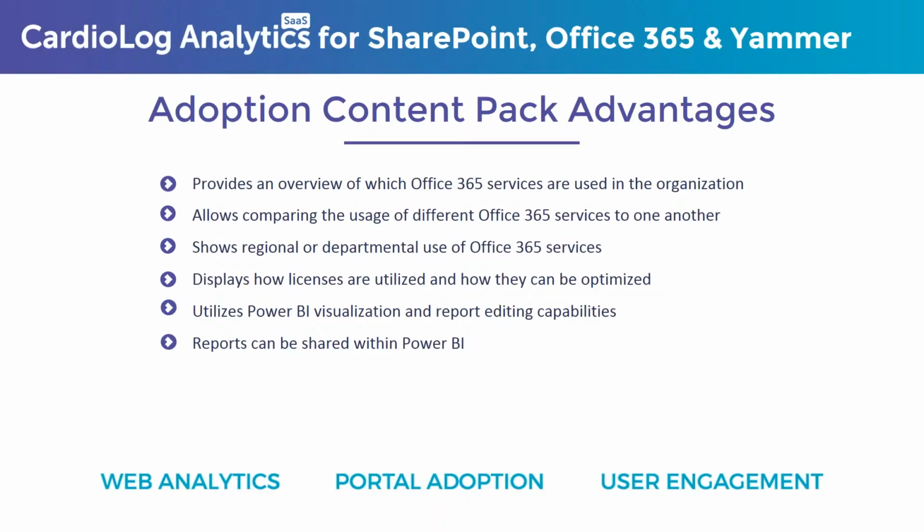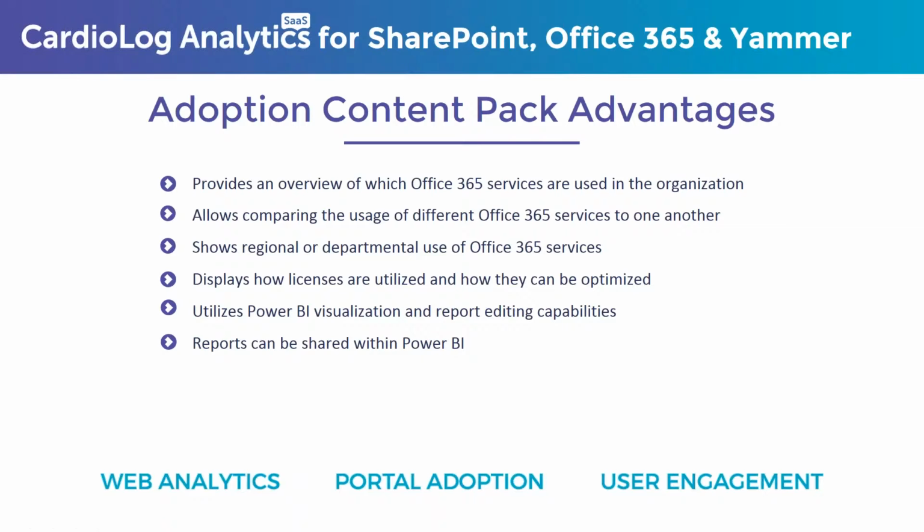So the adoption content pack is really great to get an overview of which Office 365 services are used in the organization. It allows comparing the usage of different Office 365 services to one another. As we could see, we can look at SharePoint versus the entire Office 365 services, or we can compare one service to another.